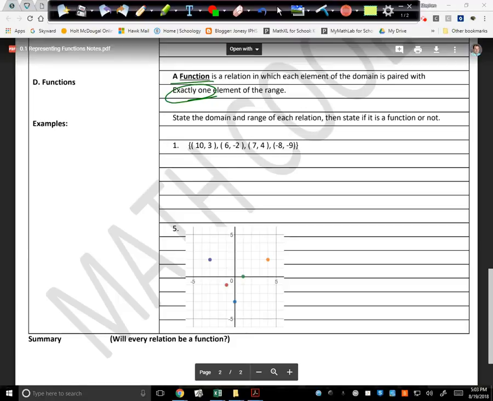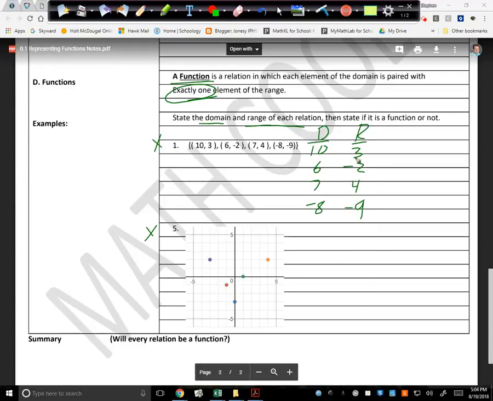So that's the difference. When we look here, we've got 2 different representations. We've got coordinate points here. We've got it graphed here. These are both relations. So let's look at whether or not they're a function. So first it says state the domain and range. So the domain would be 10, 6, 7, and -8. The range is going to be 3, -2, 4, and -9.